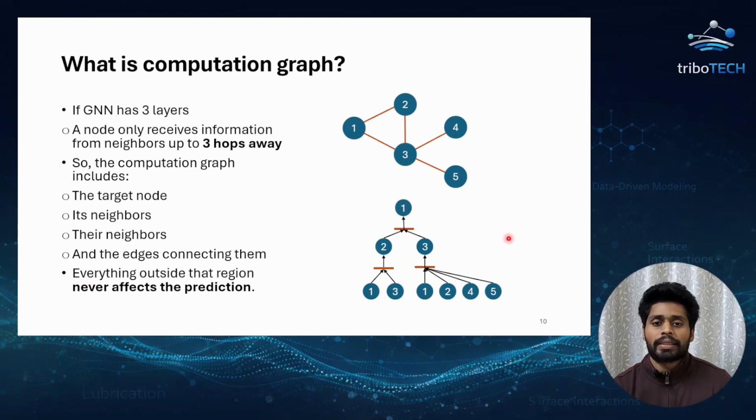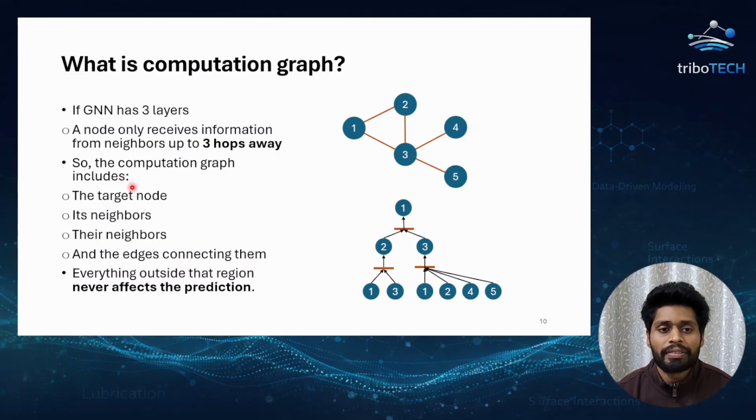So this is a three-layer computation graph. This is layer 1, this is layer 2, and this is layer 3. If a GNN has three layers like this, a node only receives information from neighbors up to 3 hops away.